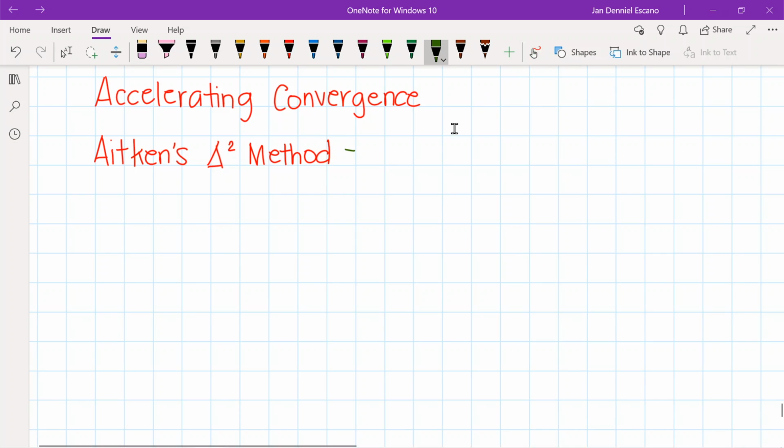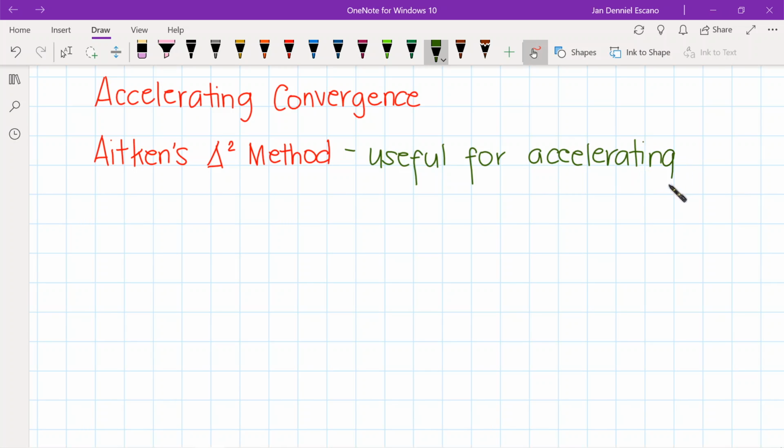So this method is useful for accelerating convergence of sequences that run linearly, okay?